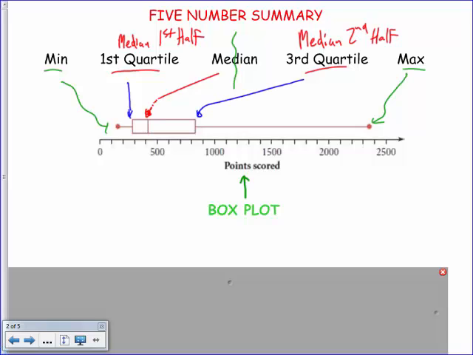And this tells us how our data is spread out. If you remember from box plots, each piece, the whisker, this piece of the box, this big piece of the box, and the other whisker, is broken up. That's where the word quartile comes from, because it's broken up into quarters, or 25%. So 25% of the data is in each piece.